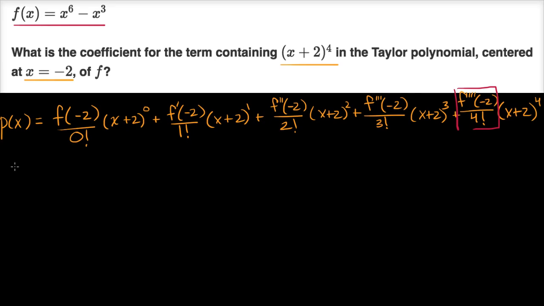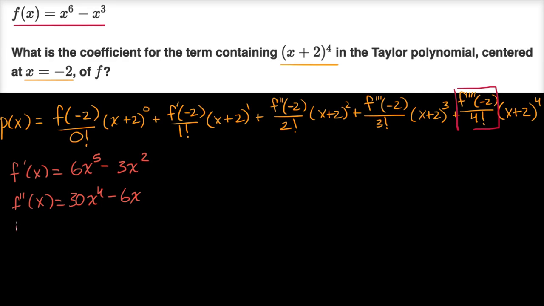So our first derivative, f prime of x, is just going to be, I'm just going to use the power rule a lot, 6x to the 5th minus 3x squared. Second derivative is going to be equal to 5 times 6 is 30, x to the 4th, 2 times 3 minus 6, x to the 1st power.